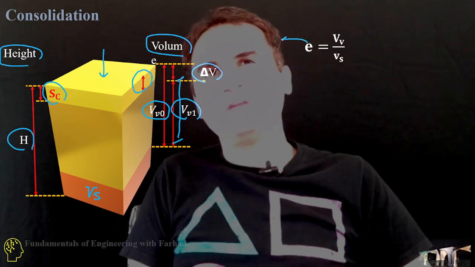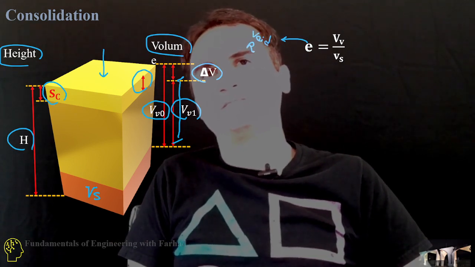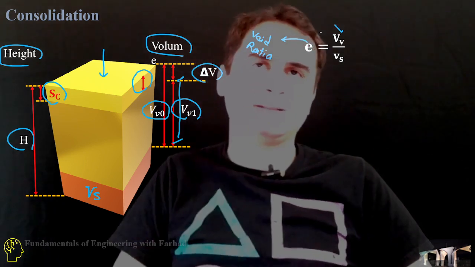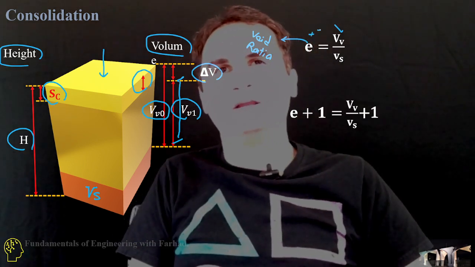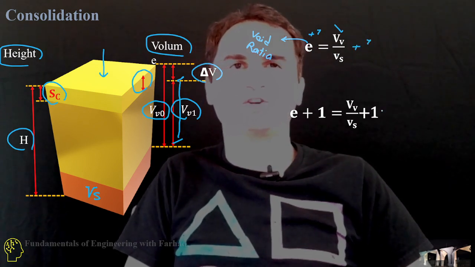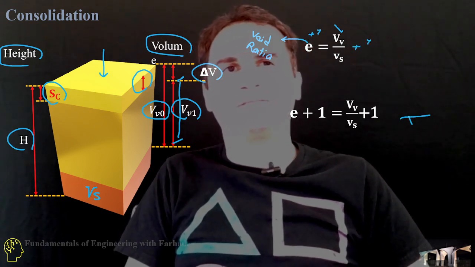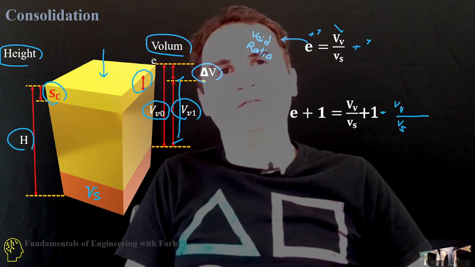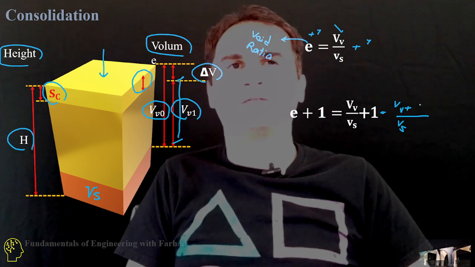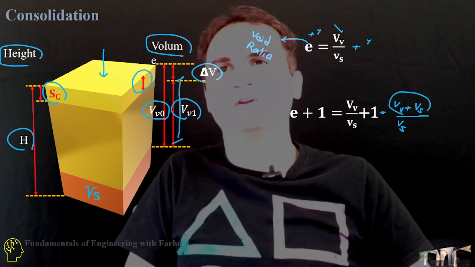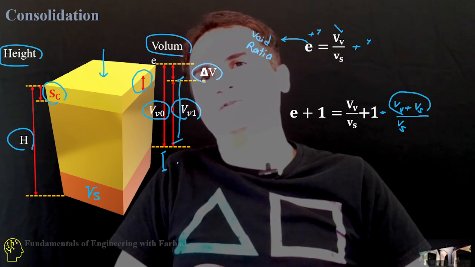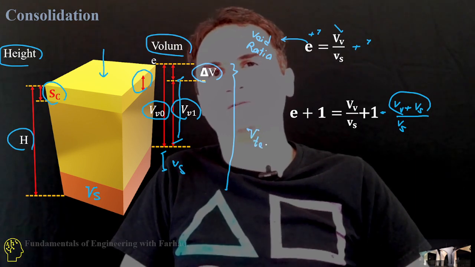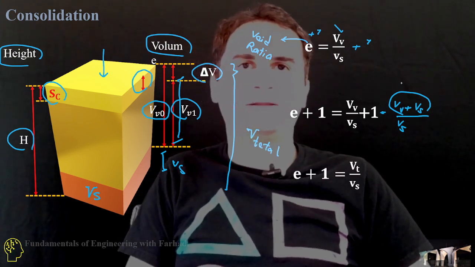So we can define void ratio e as volume of void over volume of solids, and if you add 1 to both sides, it becomes Vs in the denominator, and in the numerator, volume of void plus volume of solids. That is the total volume, which we can call VT.